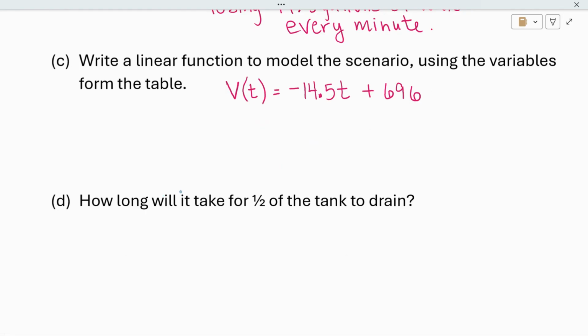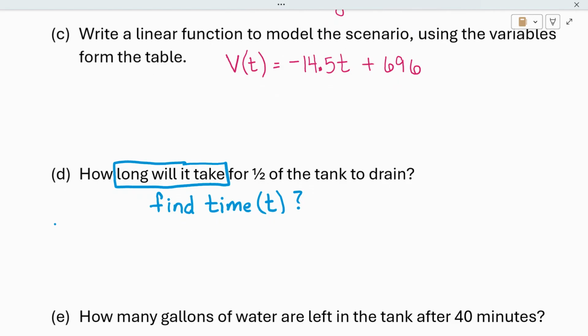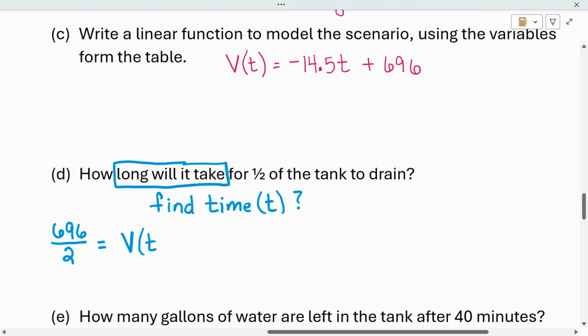Okay. How long will it take for half of the tank to drain? That's an interesting question. This is asking us about time. How long will it take? That means that we need to find the time. So we're going to solve for t. Well, half of the tank, let's see, if I started with 696 gallons, and I want to figure out when it's half full, that means I need to figure out when the volume of the tank is equal to 348 gallons.